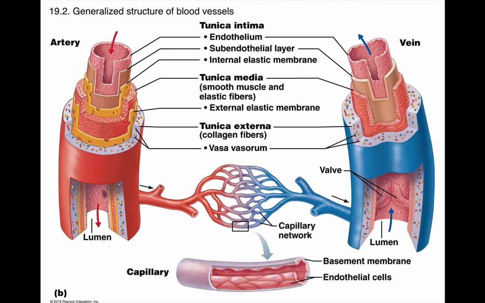Then surrounding the endothelial cells of the capillary, there's a thin basement membrane, which you might recall from our early discussion about tissues. A basement membrane is like a protein sheet foundation that those endothelial cells have to give them a little bit of support and connectedness to one another.